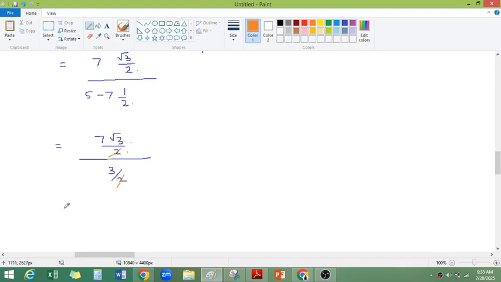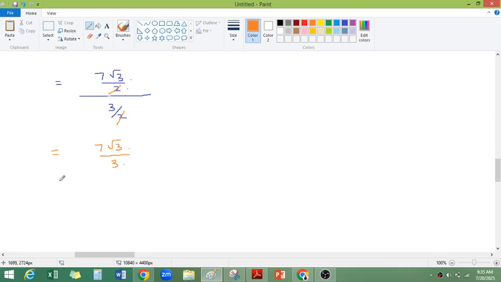So 7 by root 3, that is 1.7 something divided by 3. So do this math to find the tan alpha.